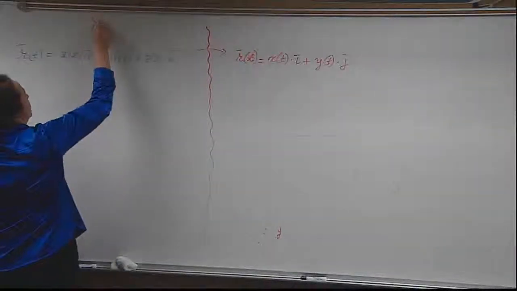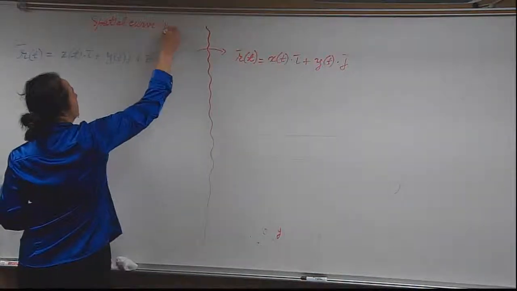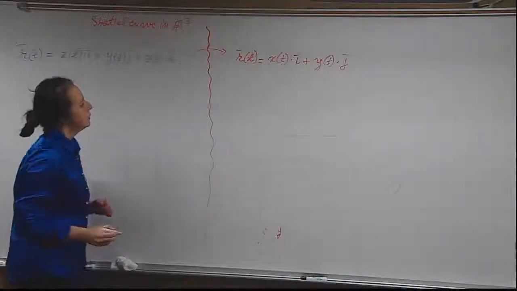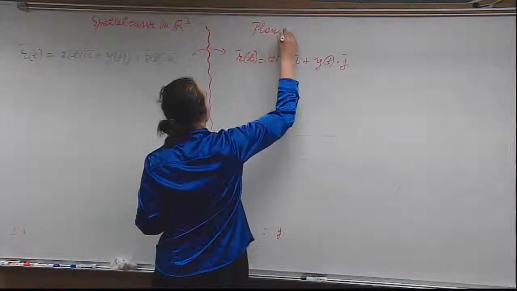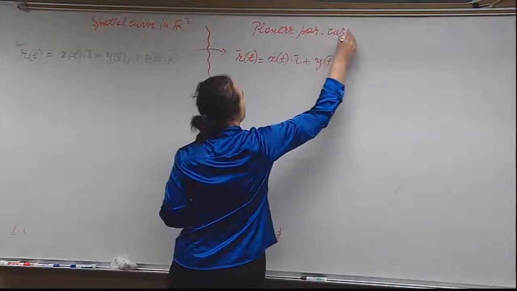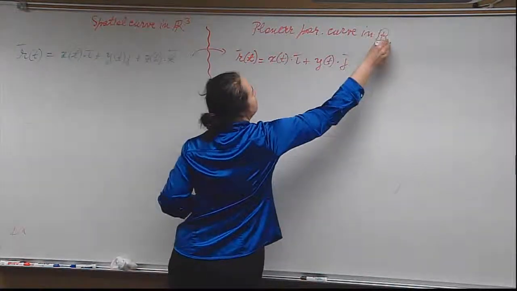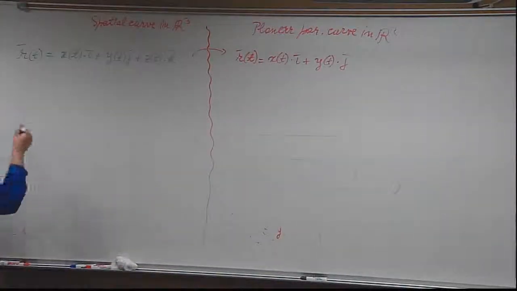So this is the spatial curve in R3. Imagine the trajectory of a bug or a particle in physics, and this is a planar parameterized curve in R2. What's different? What do we know about them? Quick review of section 10.2.